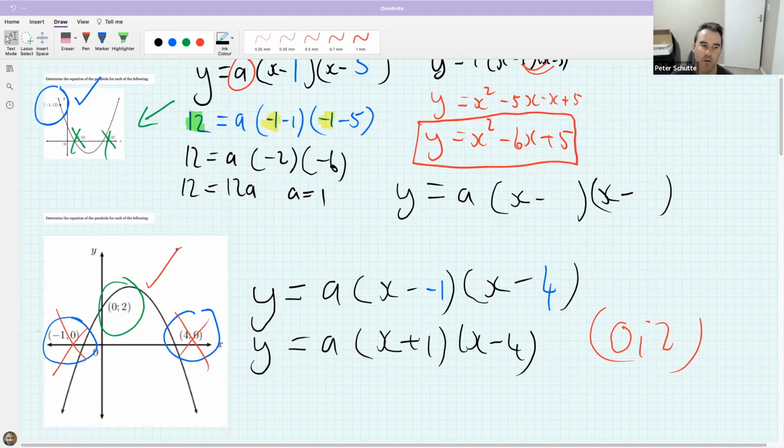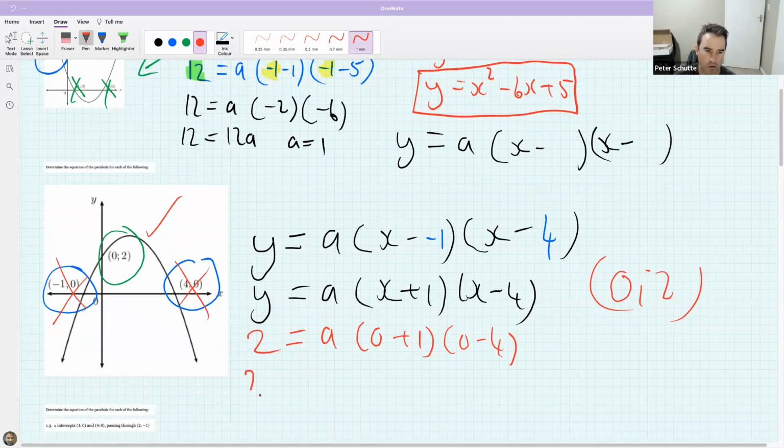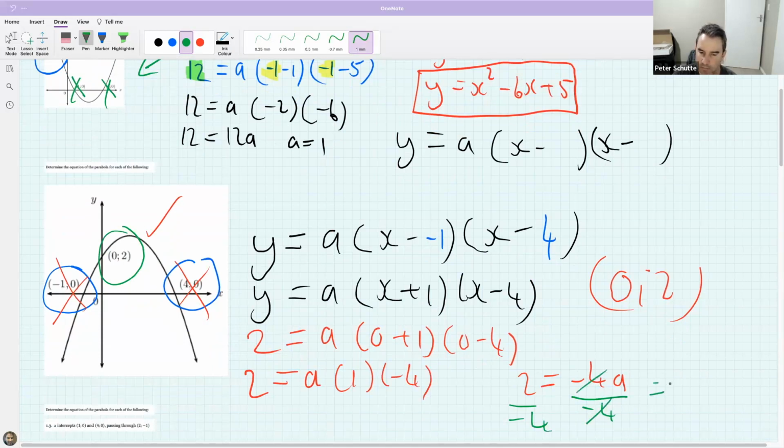It's plus 1 because it's minus, and then there was a minus, so 2 minuses make a plus. So the a value that I get is minus 2 over 4, or minus 1/2.